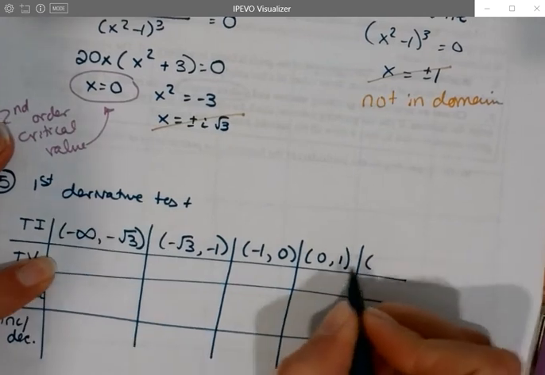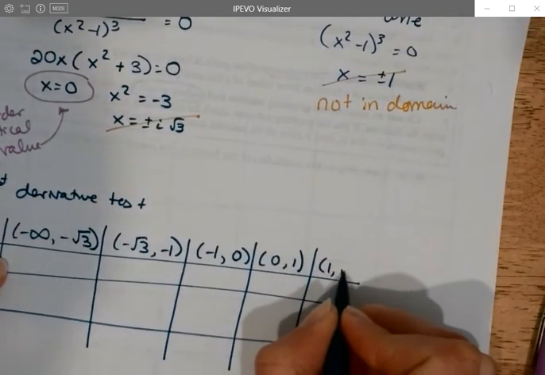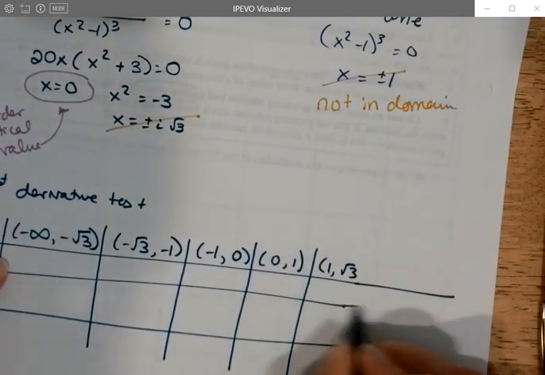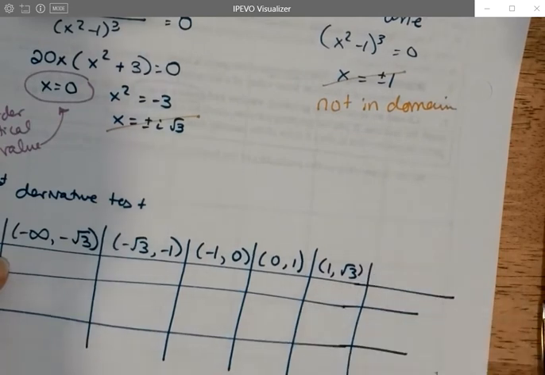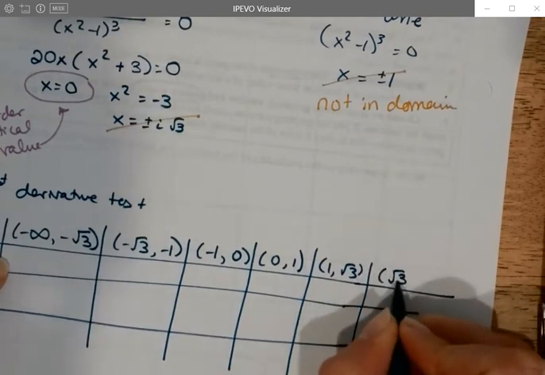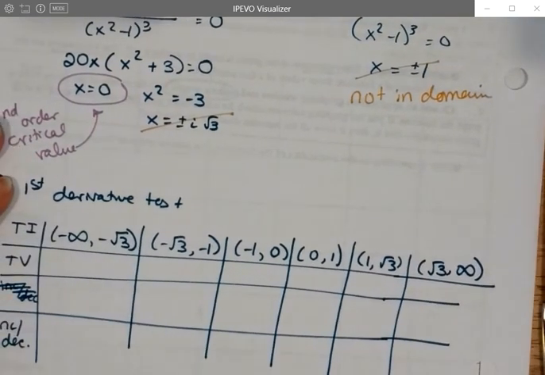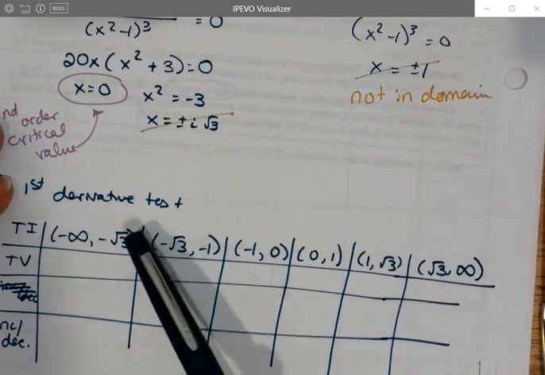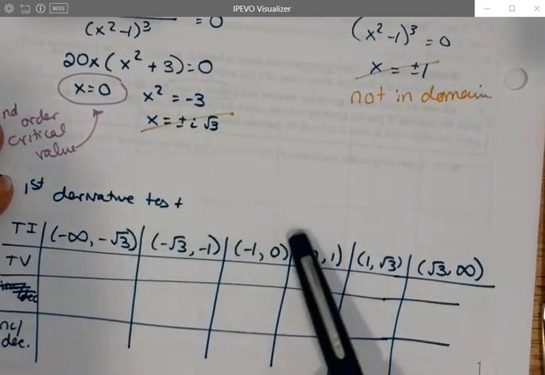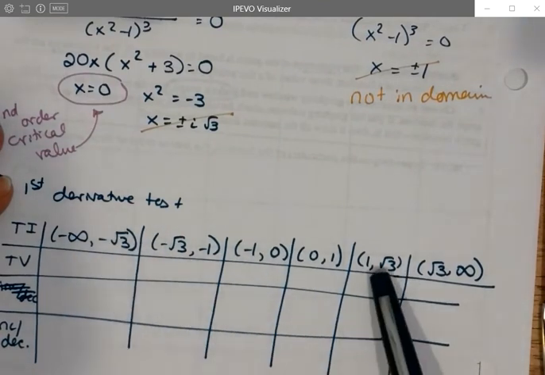Then from 1 to the square root of 3. And then finally, from square root of 3 the rest of the way to infinity. So the original domain was originally 3 places, and we cut it 3 more times. So 1, 2, 3 more splits gave us a total of 6 intervals.